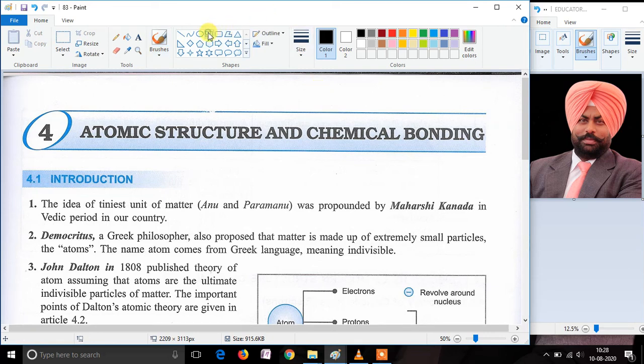Here you can see the word matter. Let's discuss what matter is first. Anything which occupies space and has mass and can be perceived by our senses is known as matter.